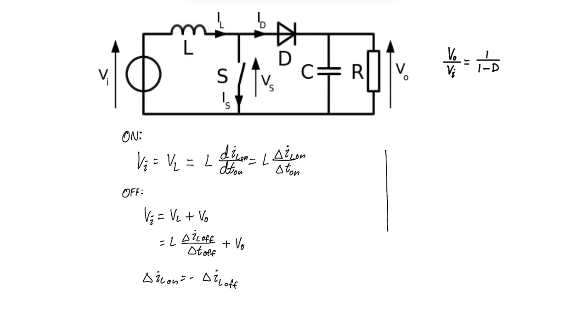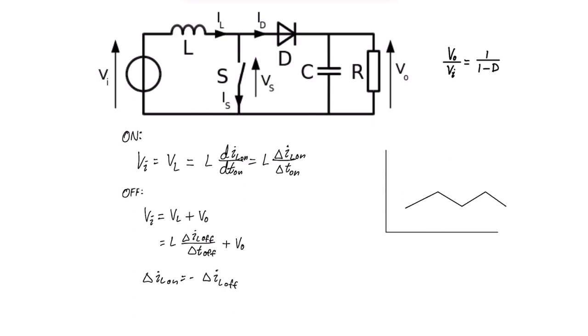Because if we draw a diagram here, when it's on, the current is rising, like this, and when it's off, the current is falling. And it goes up and down like this.